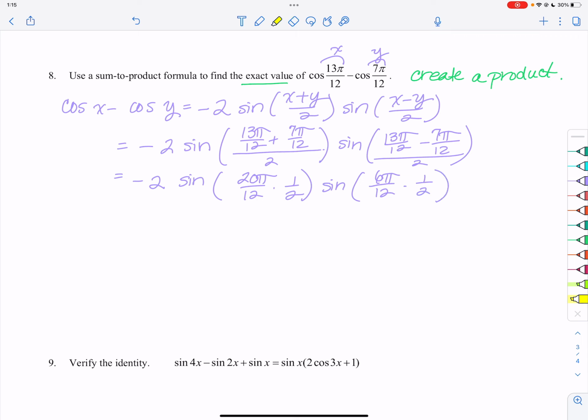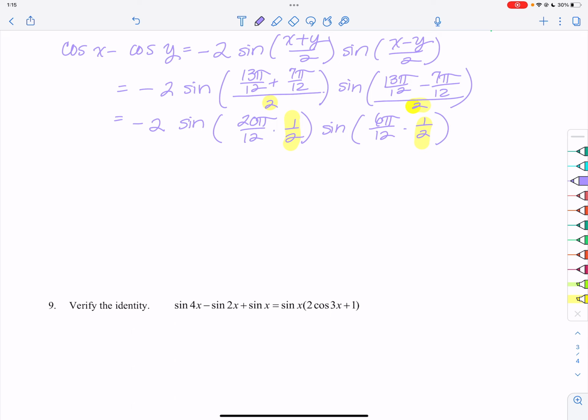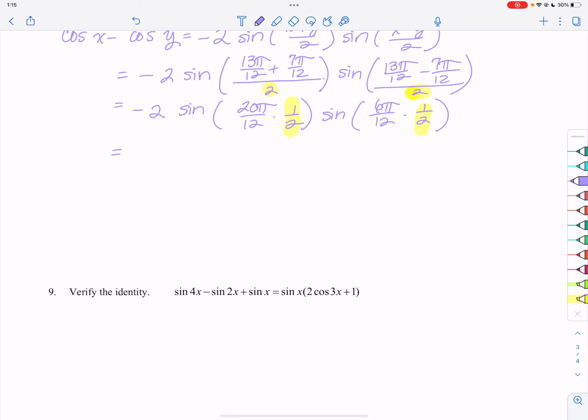So this 2 is this 1/2. Okay? And so now we have negative 2 times the sine, and here we will have 5 pi over 6 multiplied by the sine of pi over 4.